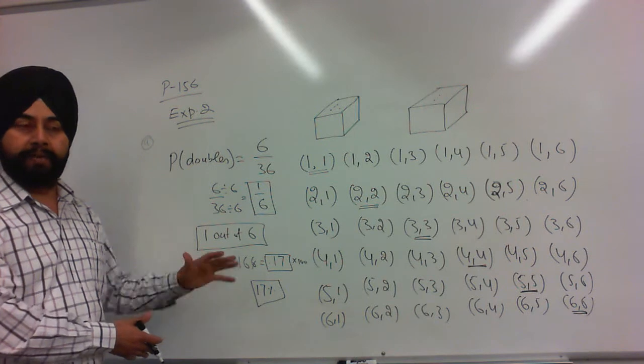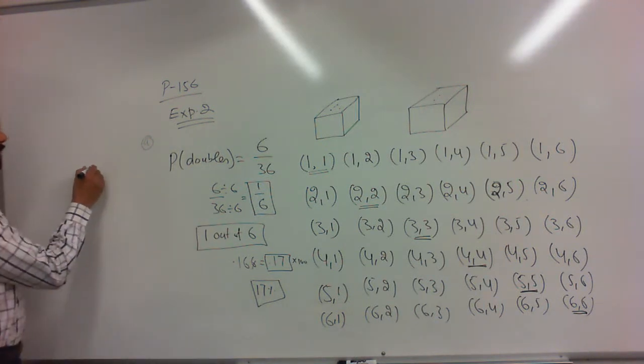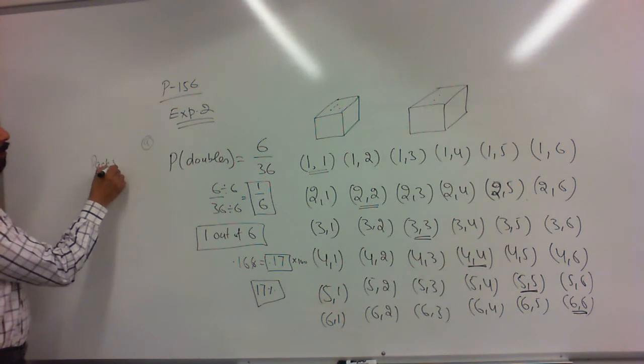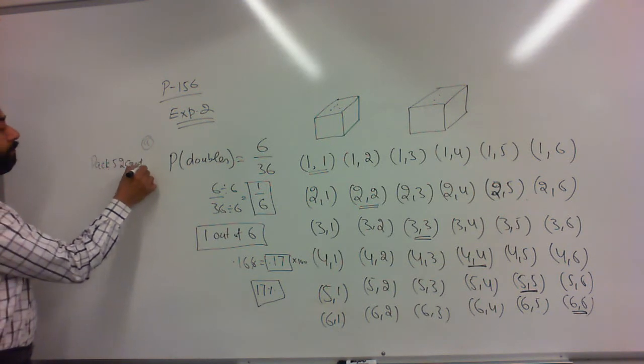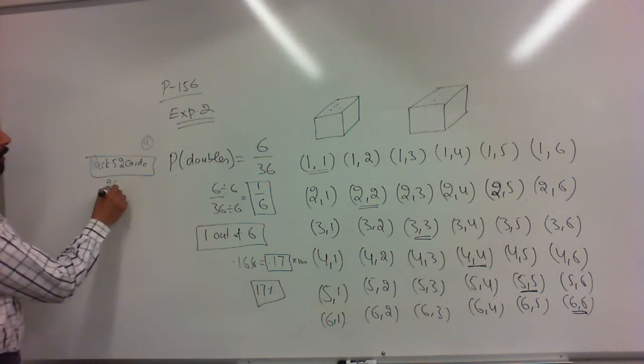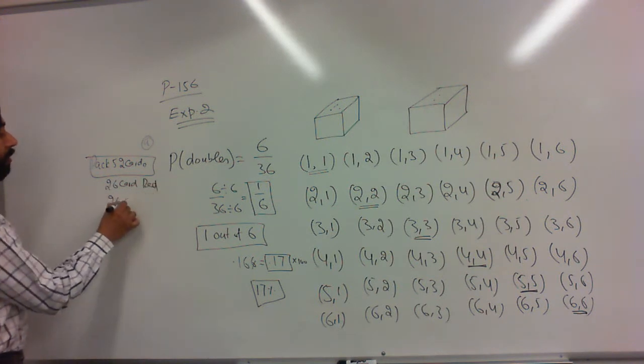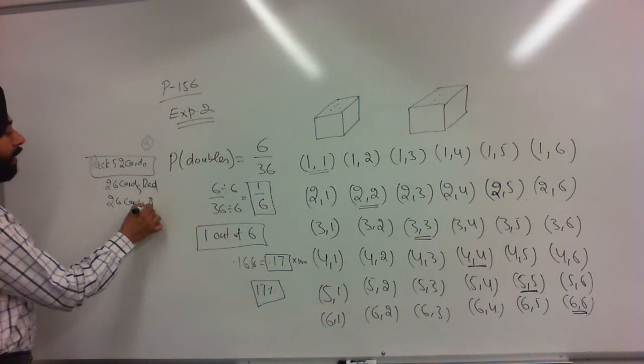If you compare this question with another one, let us say you have a pack of 52 cards, and you know that there are 26 cards that are red in color and 26 cards that are black.